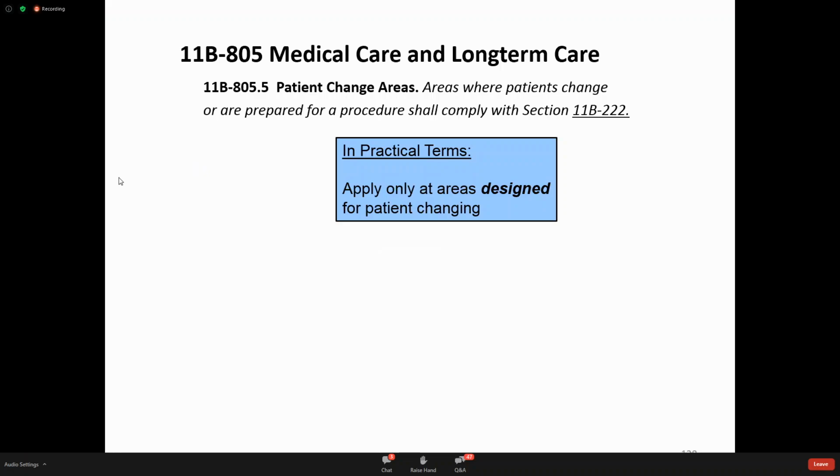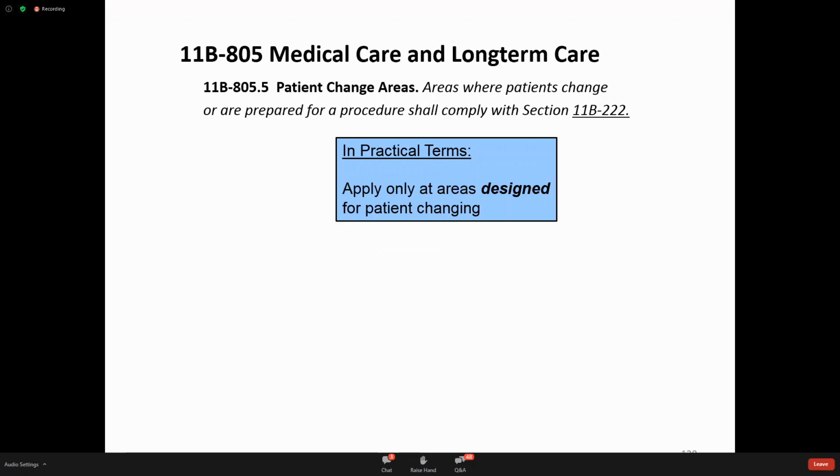So the devil's advocate question has come up. If a patient goes into an exam room and they take off their shoe, are they changing? At which point Glenn Gall rolls his eyes at me. He's like, really? You really are asking this? So obviously, if it's not obvious, this is the intent that OSHPD is getting at here. When we have procedures in all of our medical facilities where in order to do the procedure, you need to do what amounts to a full change of clothing.